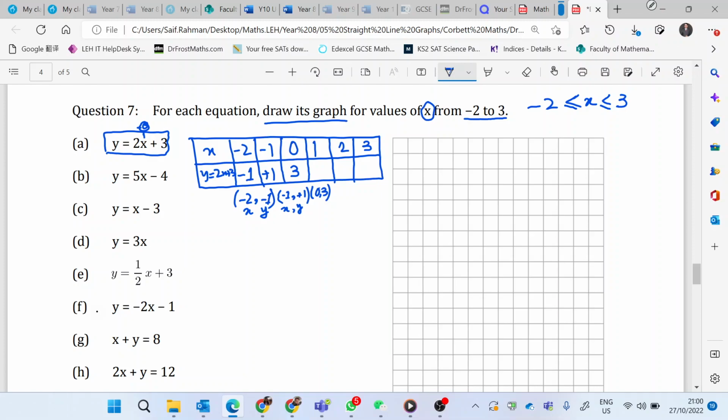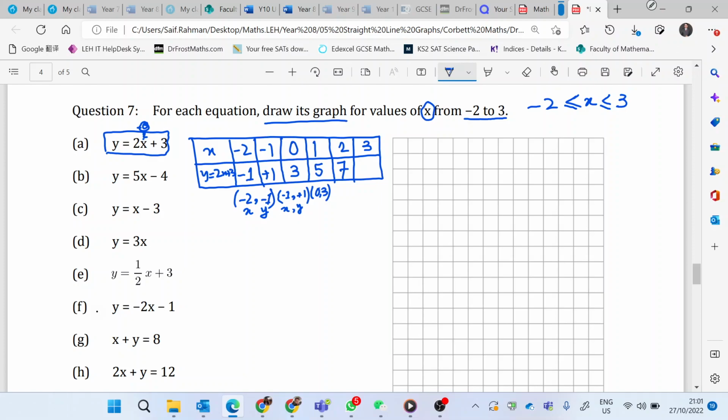So when the x value is 1, the y value is 5. Then we put 2 here. 2 twos are 4, 4 plus 3 is 7. So the y value is 7. Then we put 3 here.